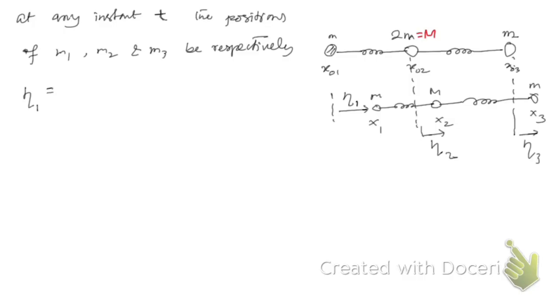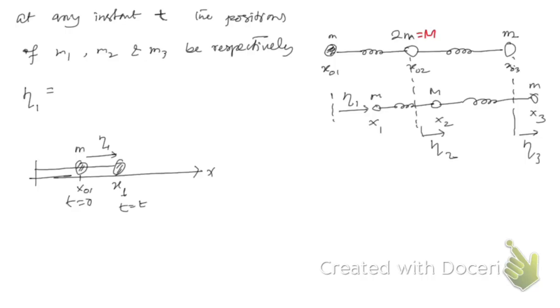Here eta 1 is the displacement of this first sphere. This is the x-axis and this is the first sphere of mass m, and initially when t is equal to 0 it was at x0,1. It displaced, and its new position is suppose x1 at any instant t.